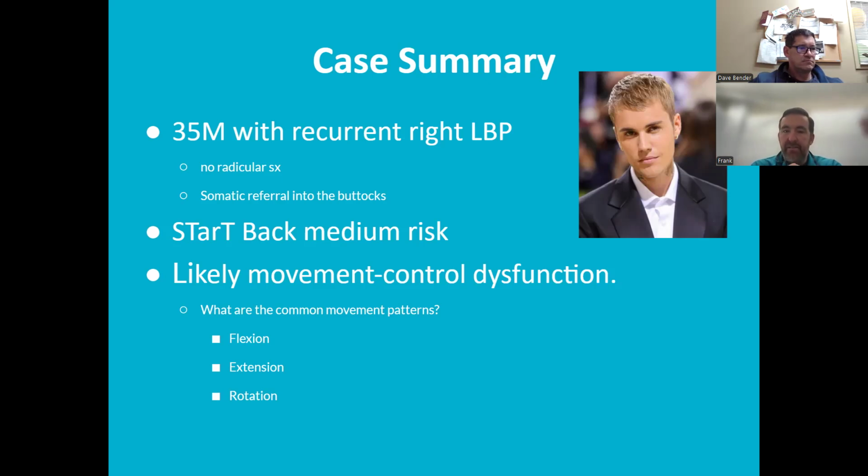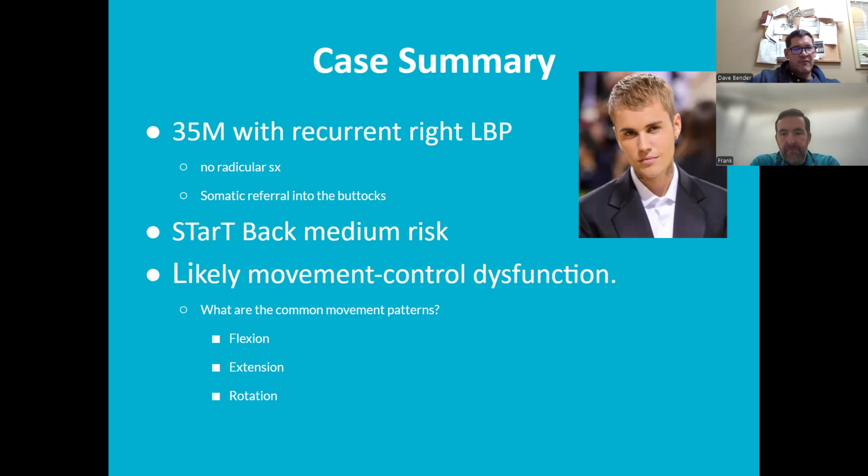He has it, it goes away, but it's still happening. That's what you're going to look at. And then in your movement-based system, we're going to look at flexion patterns, extension, and rotation, your common things that you're going to do first. Certainly the nature of somatic referral or that nociceptive pain pattern is an important thing to understand there.